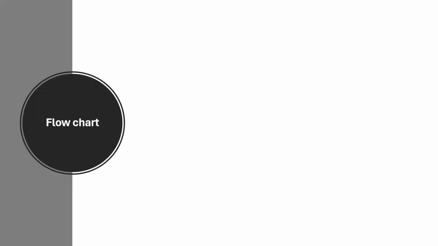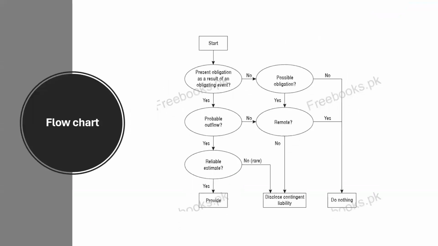Okay, so here there's a flow chart of an exam. Given a question, you should ask yourself, should you disclose the contingent liabilities, or should you do nothing? An examiner is clever enough to give you a question.